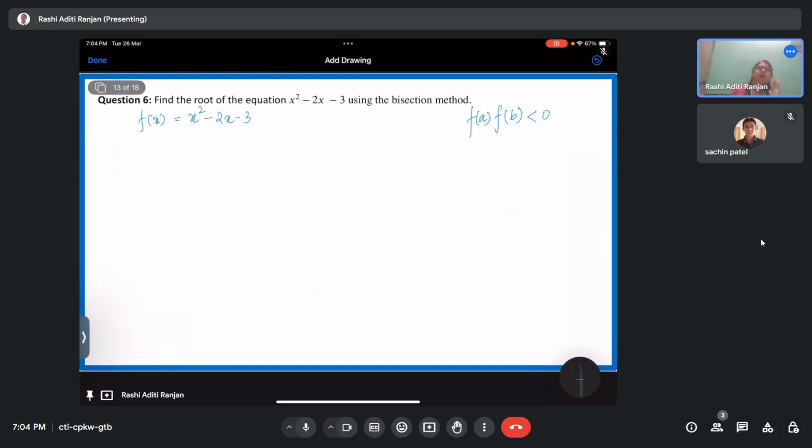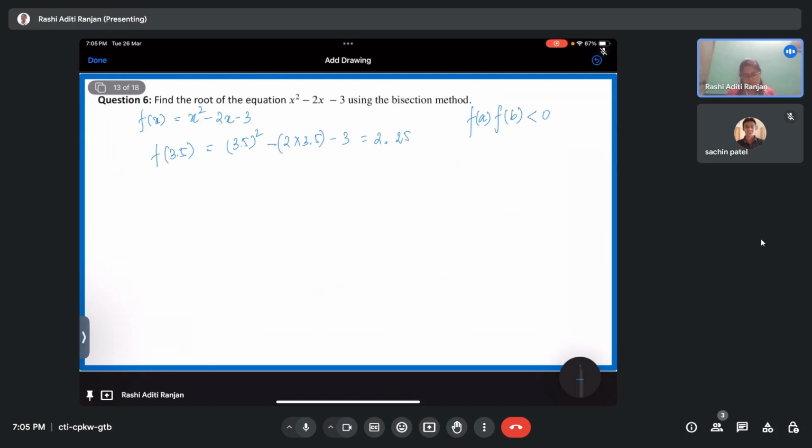So if I consider x greater than 0, I can see that here it has x squared minus 2x minus 3. And if my x is greater than 0, I assume, see, if I consider maybe 3.5, what will be the value of f(3.5)? It will be 3.5 squared minus 2 into 3.5 minus 3, which would give me 2.25.